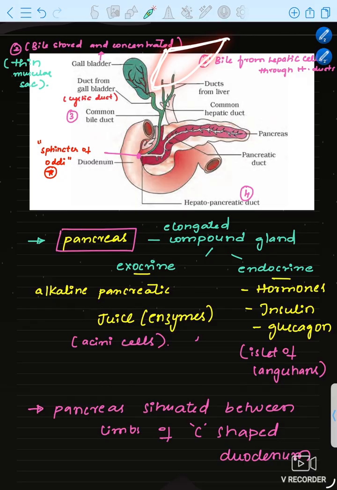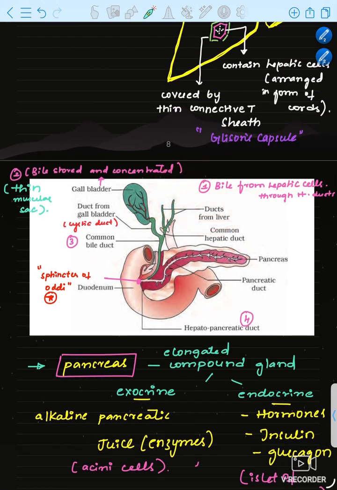The position of the liver is here only, and the secretions from the liver will be coming through the ducts. Okay, ducts from liver. Bile from the hepatic cells passes through hepatic ducts, and bile will be going into the gallbladder.